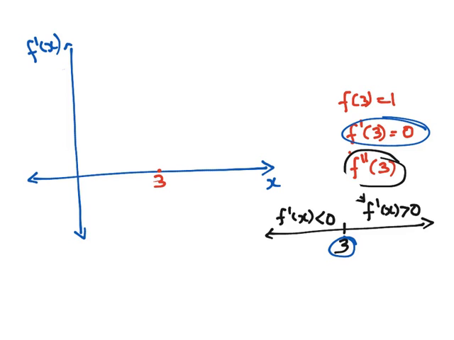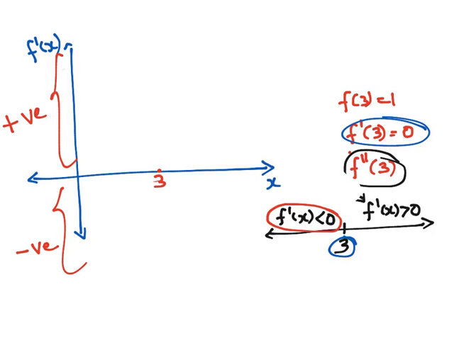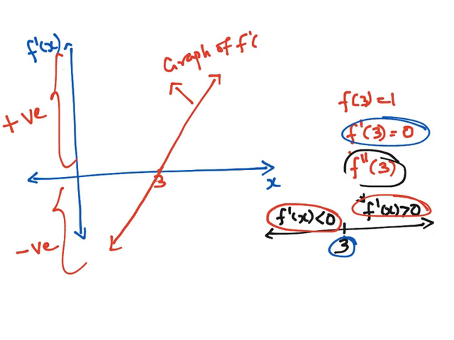Now before 3 f dash of x is negative. As I told you earlier, this is the negative side of f dash of x, and this is the positive side. So before 3 it will be negative, so the curve will look like this, and after 3 f dash of x is positive. So this is the graph of the function f dash of x.